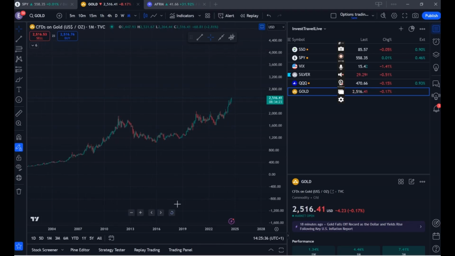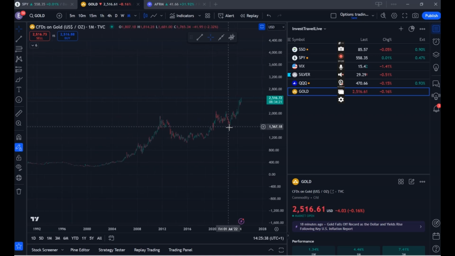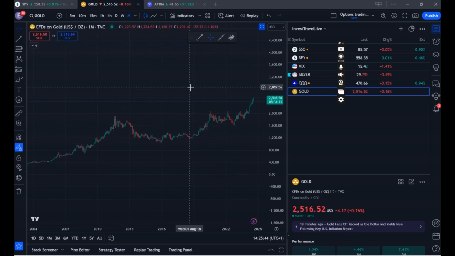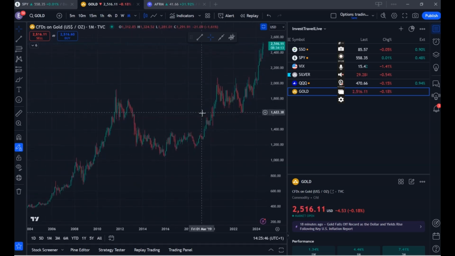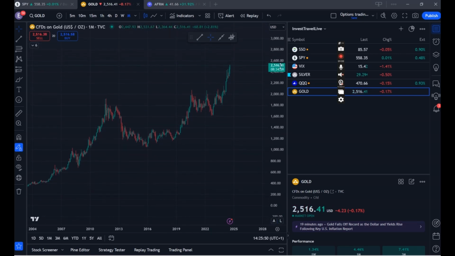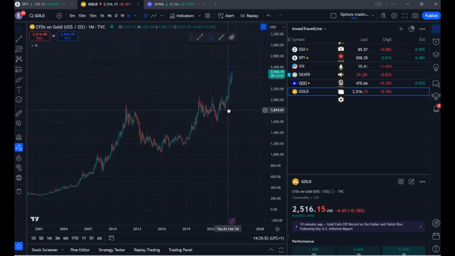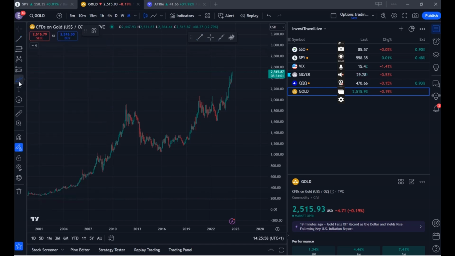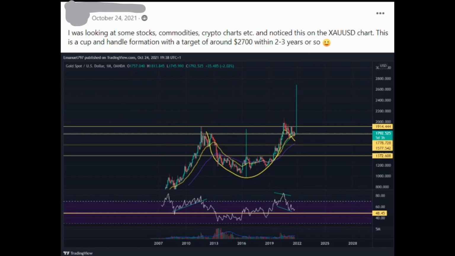Other than that, gold is a great place to put your money. Also, I predicted in one of the groups that I'm part of that gold will go to 2,800 based on this cup and handle. I predicted this basically in 2020. I'm going to post a picture there so you guys can see.